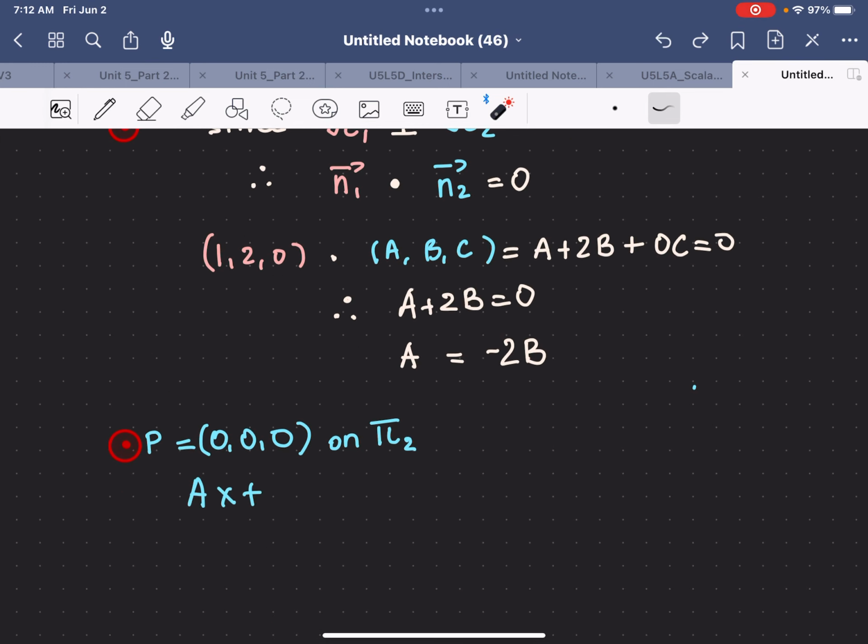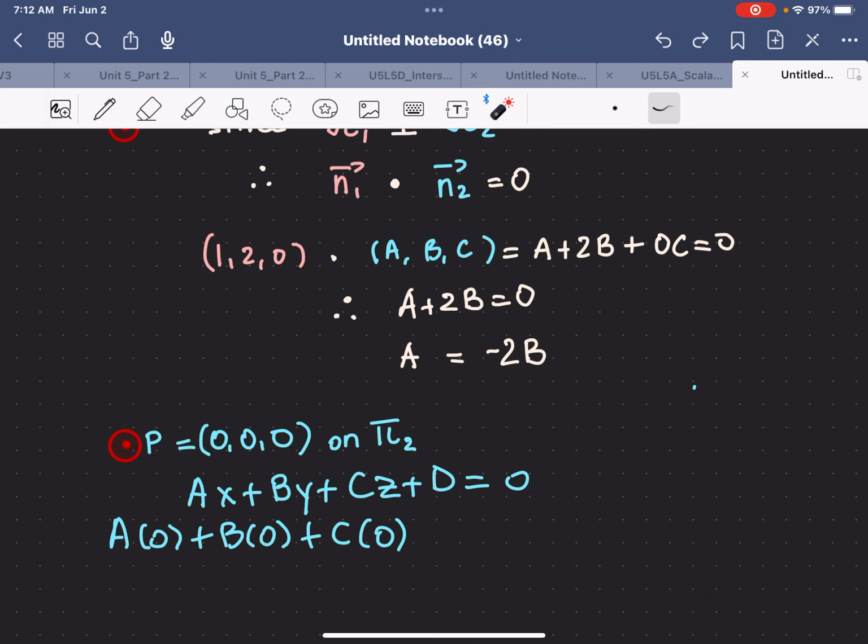So therefore, ax plus by plus cz plus d equals 0 at point P will be a times 0 plus b times 0 plus c times 0 plus d equals 0. If you solve this equation for the coefficient d, we obtain d equals 0.